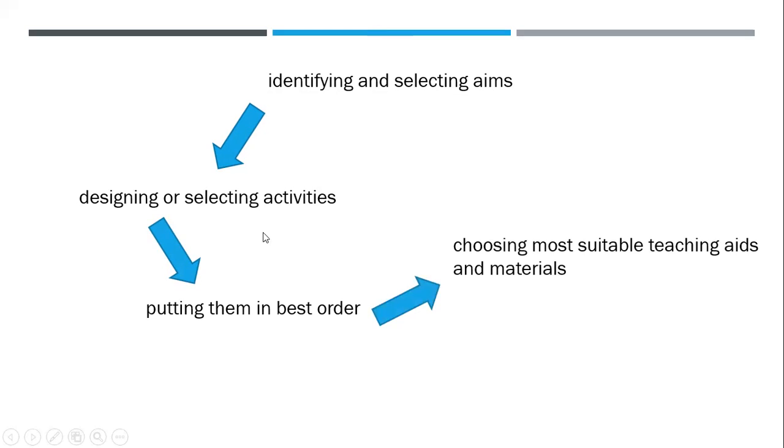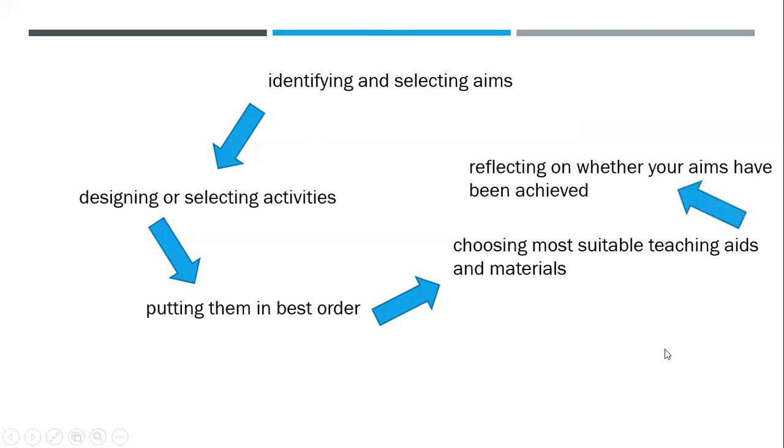After that, you choose the most suitable teaching aids and materials. By teaching aids, I mean different equipment that is supposed to facilitate your work with your students. Then, after the lesson, you reflect on whether your aims have been achieved, right? And if your aims have been achieved, you can celebrate that and move on.